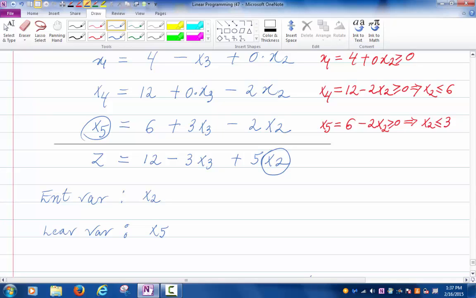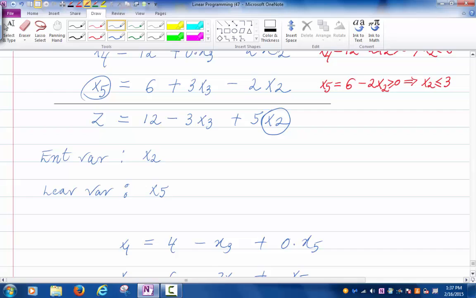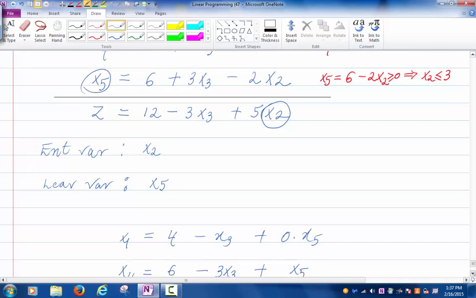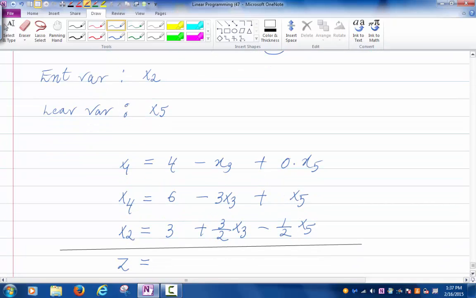If I solve for x2, remember you have to divide by that 2, right? So you're going to get 3 plus 3 half x3 minus half x5, right? You understand that? From this equation, solve for x2. If you do that, you're going to get this equation. x2 would be 3 plus 3 half x3 minus half x5.